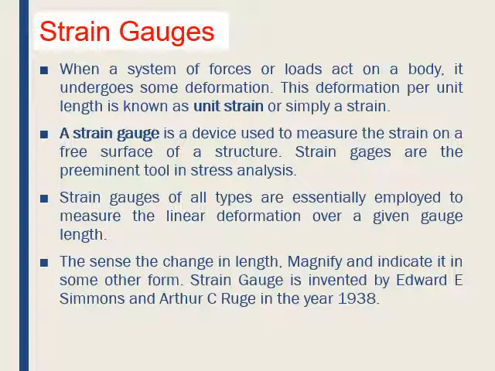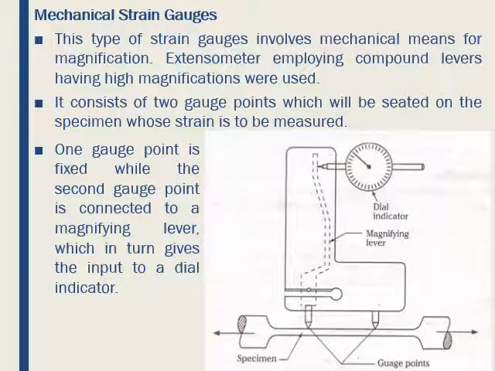The classification of strain gauges. Depending on the principle of operation and construction features, strain gauges can generally be classified as mechanical strain gauges, optical strain gauges, and electrical strain gauges.